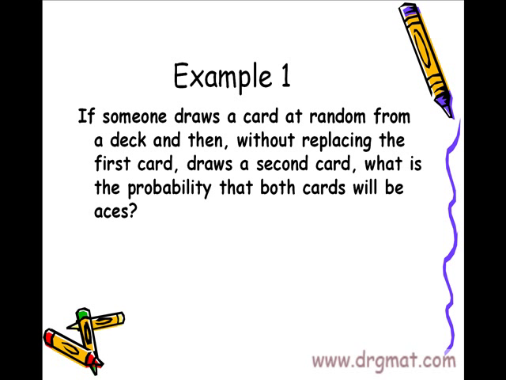If someone draws a card at random from a deck and then without replacing the first card draws a second card, what is the probability that both cards will be aces? Now we know we have 4 aces in a deck of cards and total number of cards is 52.